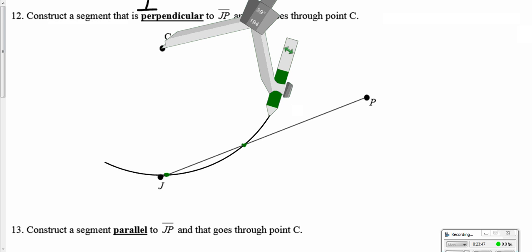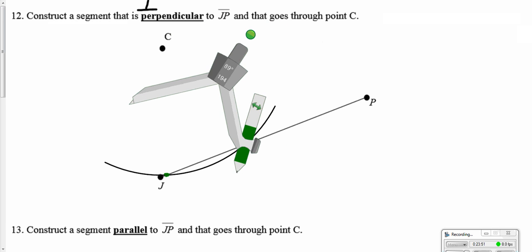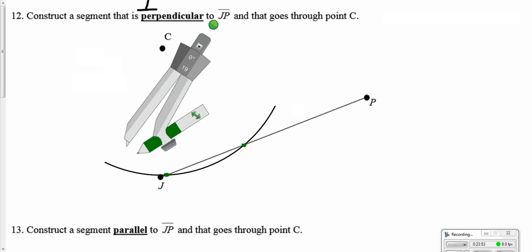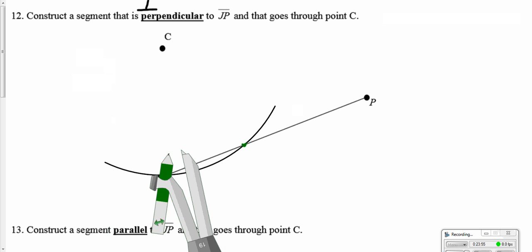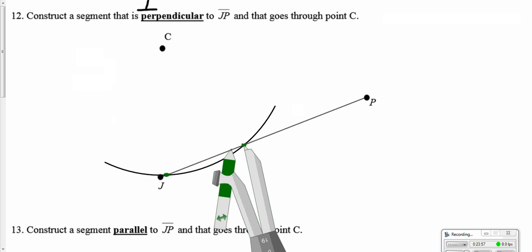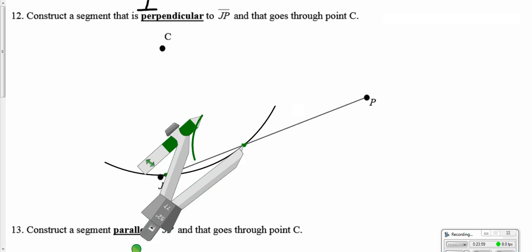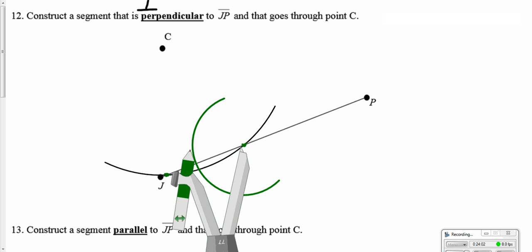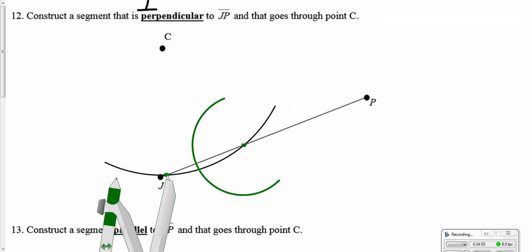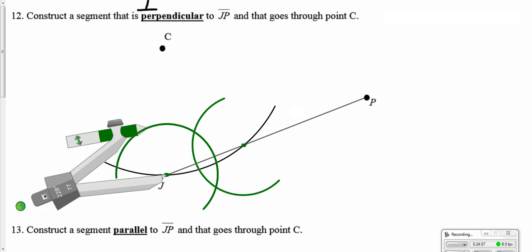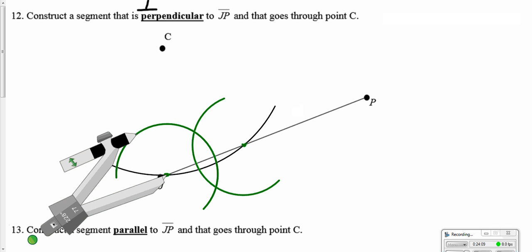We're going to use those 2 points that are in green to do our perpendicular bisector of that little spot. Let's flip a little bit. Rotate. Okay, so I want to open this up more than halfway. I draw my arc. Bring it over to my other green point. I draw my arc. And then I take my line tool. There we go. And there's our perpendicular line through point C.